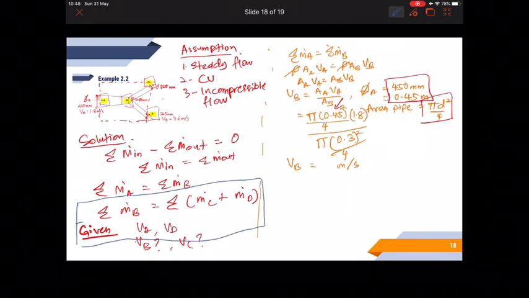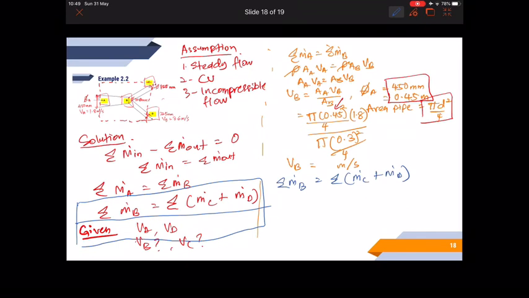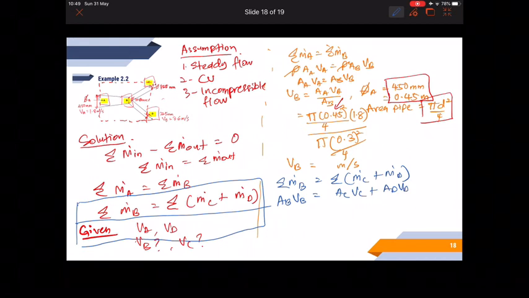So velocity at C, we use this one. So m dot B is equal to, we don't need to put the rho again because we know that rho is constant because it's incompressible flow. So you write AB VB equal to AC VC plus AD VD, and then you know AB VB because from here you know the VB.